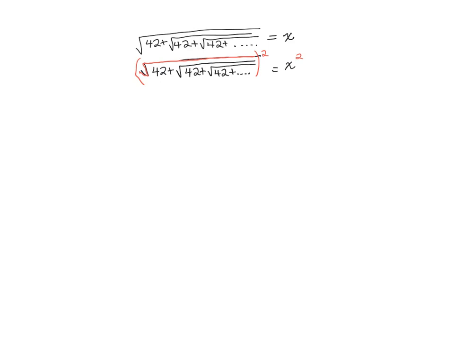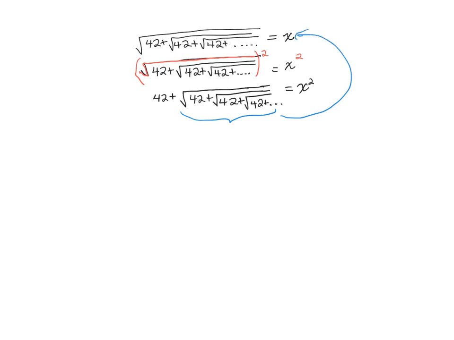So we get 42 plus the square root of 42 plus the square root of 42 plus the square root of 42. So remember, this is an infinite sum. Goes on forever. But if you look at it carefully, this is x. It's still the infinite sum. And we get 42. We replace this with x. And now we have a quadratic equation to solve.